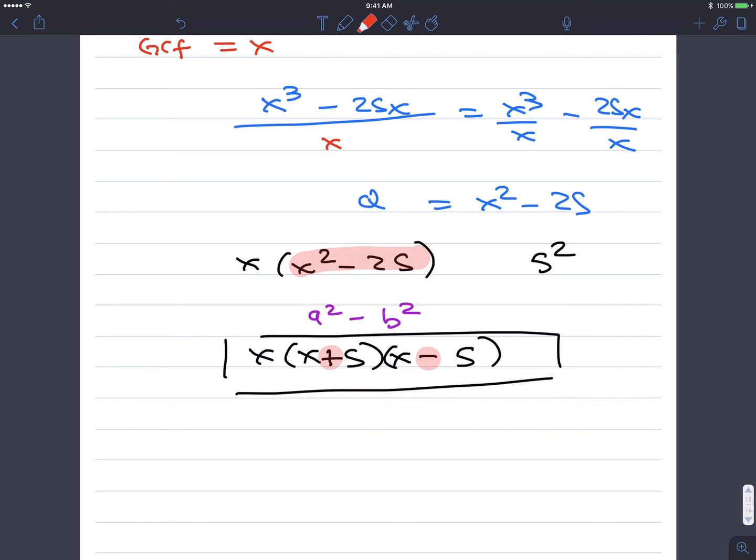The question is, can we put this final answer as x times x plus 5 to the power 2? No, because what does that mean? We get 2 copies of this x plus 5. They're not plus and minus. They're the same. So the answer is no. Don't use that power 2 for the difference of perfect squares. Okay?